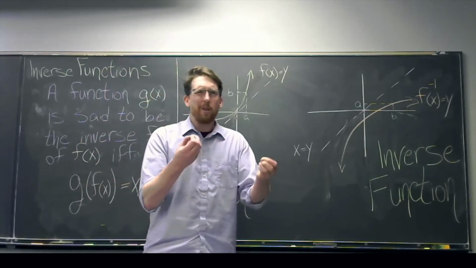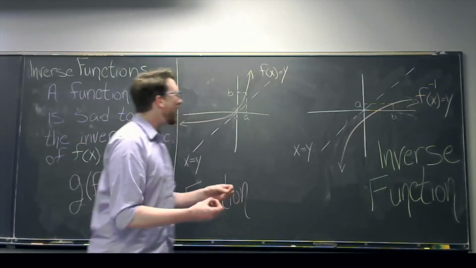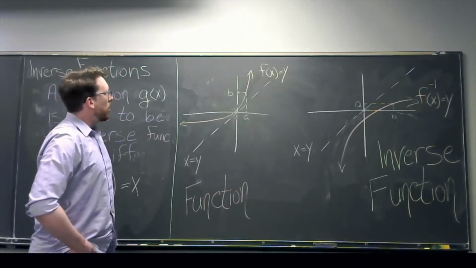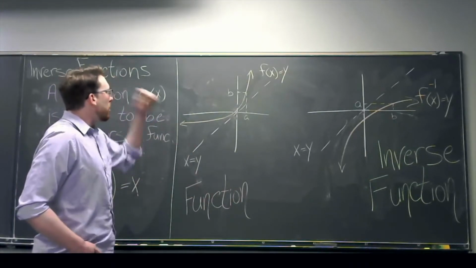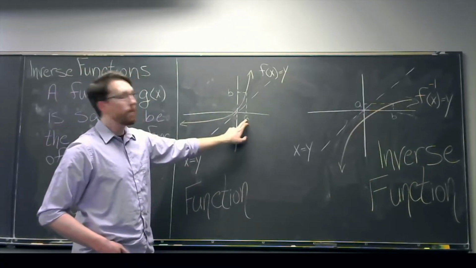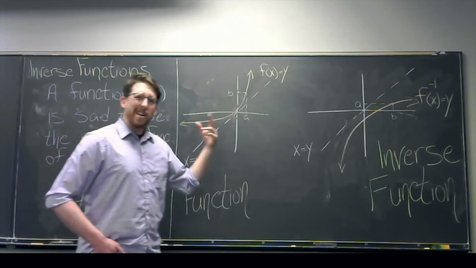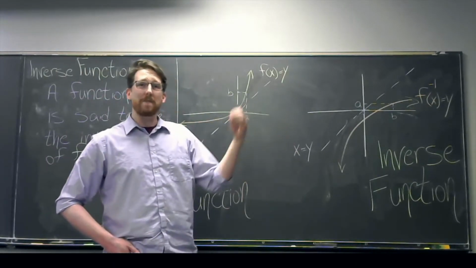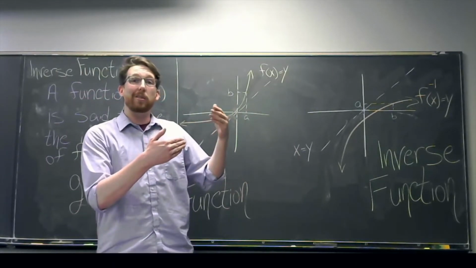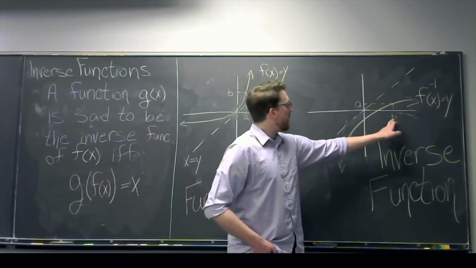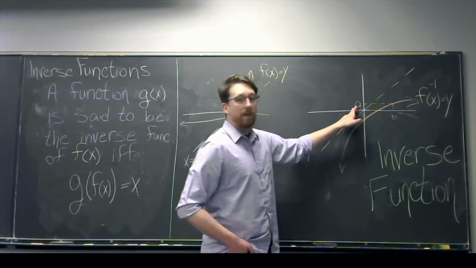What would that look like on paper as a graph? Well, let's think about this. We're putting in an a value and it's spitting out a b value, right? So our inverse function is going to take in the b value and spit out the a value.